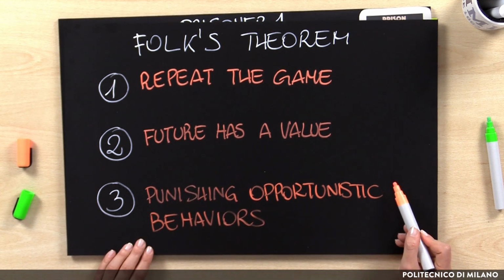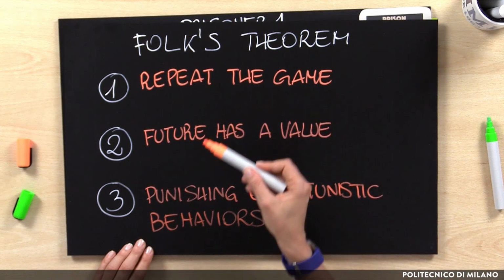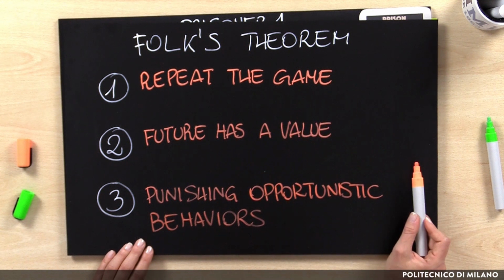If a player is not collaborating, the other players are made aware of that and could punish this behavior accordingly. If a criminal is confessing, the other should know it and act accordingly. Through this theorem, the payoff matrix is going to change, making the case of confessing much less convenient and the case of not confessing much more convenient.